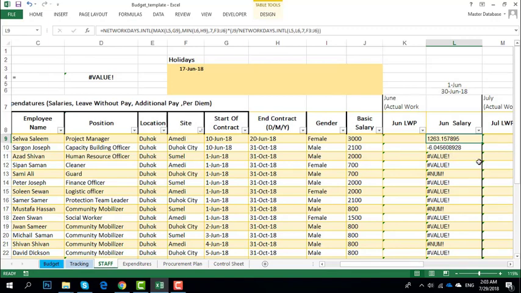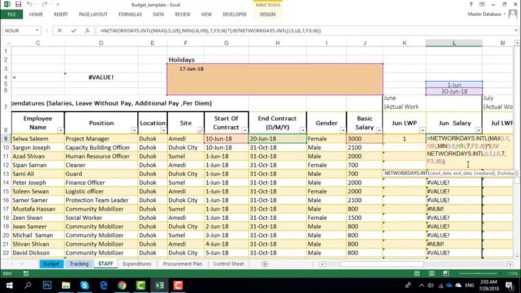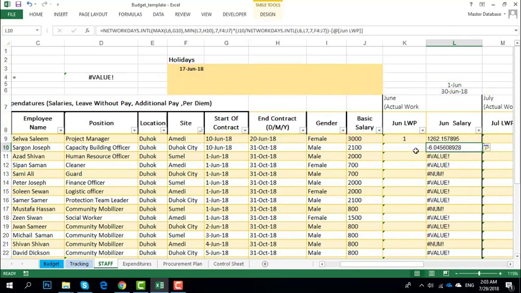What if Selwa left one day between these 2 days? She left one day. So let's say this one minus this day.